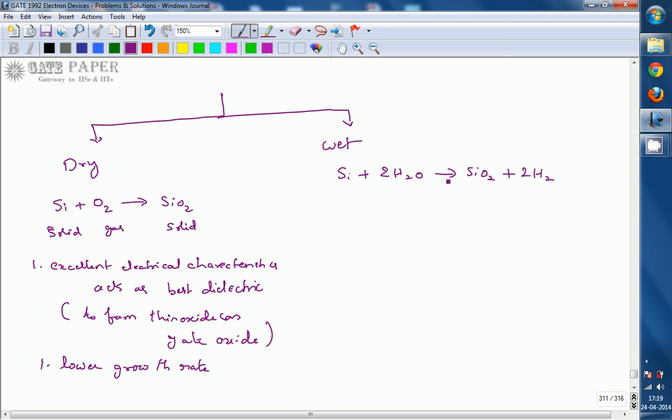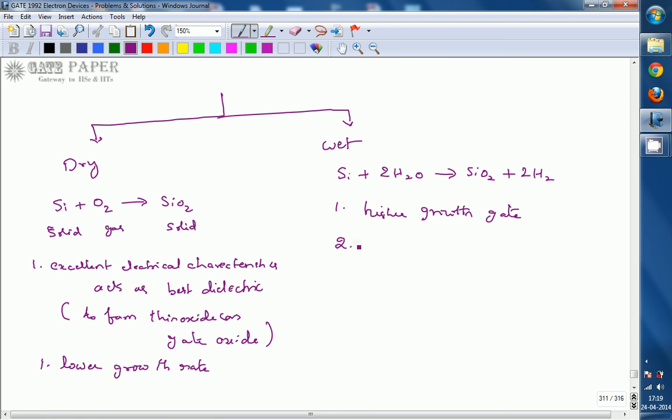This is the required SiO2 layer, and it has the advantage of a higher growth rate, that is, within less time you can get a thicker silicon dioxide layer.